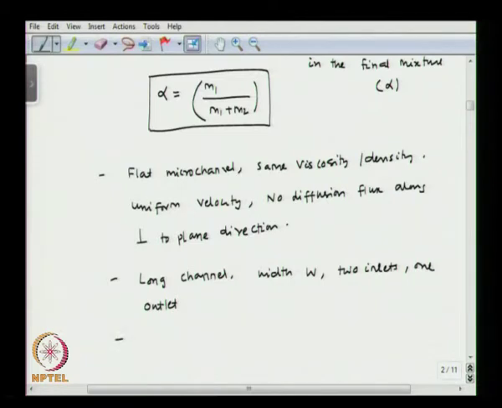Okay. So, inlet 1, the solute concentration is C0, inlet 2 solute concentration is C equal to 0. Okay. So, concentration C will be 0.